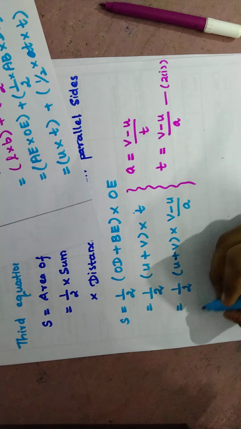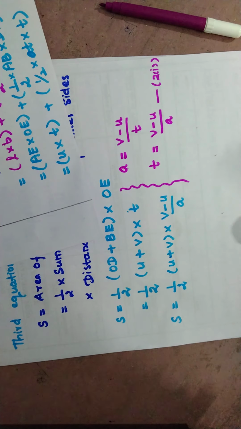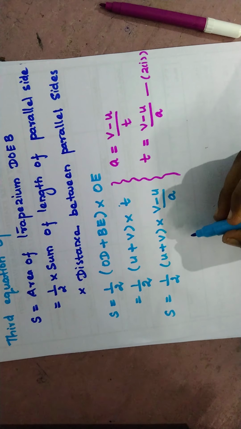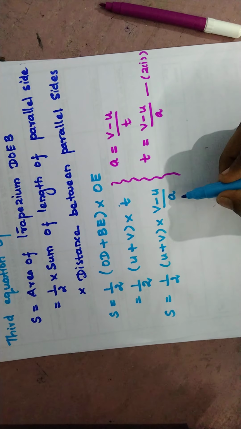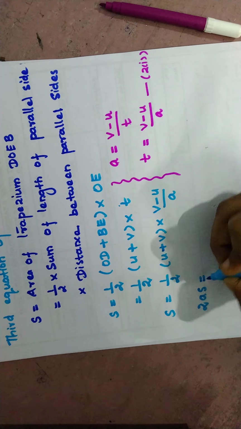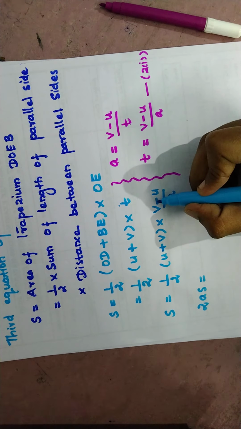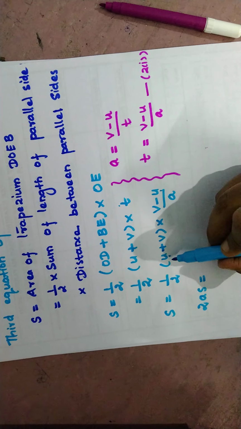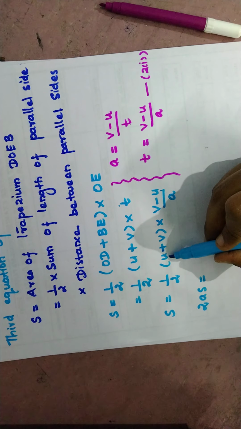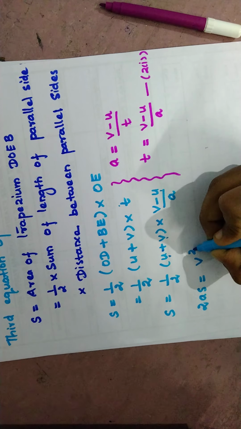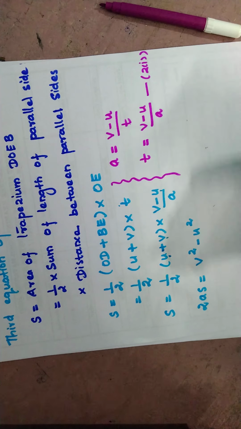So here s is already there. We can take the 2 and a to this side. That is 2as is equal to, and see here the u is here and this u is here. So from this you understood that the u will be negative and v will be positive. That is v square minus u square.